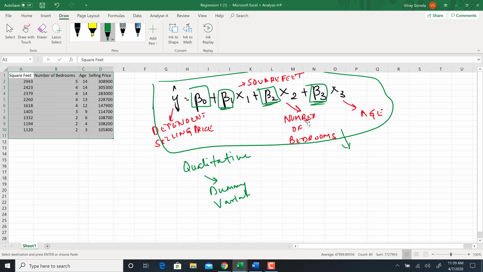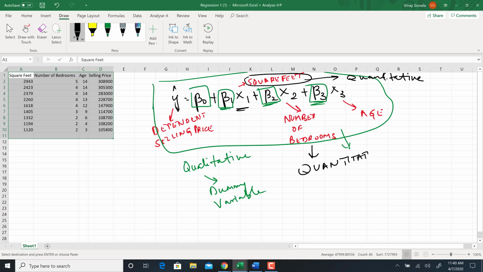But at this time, x1 is the square feet, so this is a quantitative variable, and number of bedrooms is also quantitative, and age is also a quantitative variable. So you don't have any qualitative variables, so you don't have to worry about introducing a dummy variable.